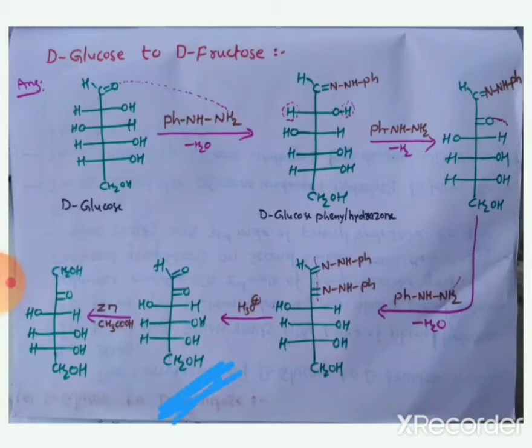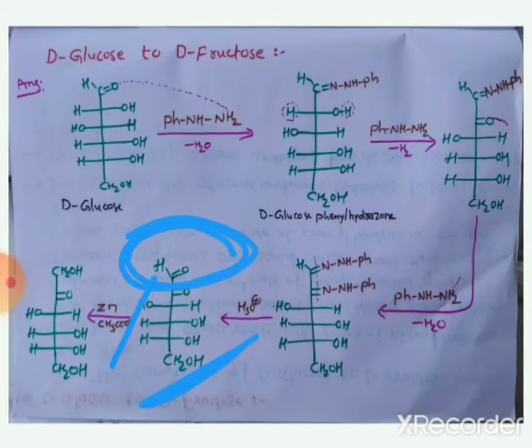Further, osone undergoes reduction in the presence of zinc and acetic acid. Zinc and acetic acid affect only one group. Only the aldehyde group is affected by zinc and acetic acid.